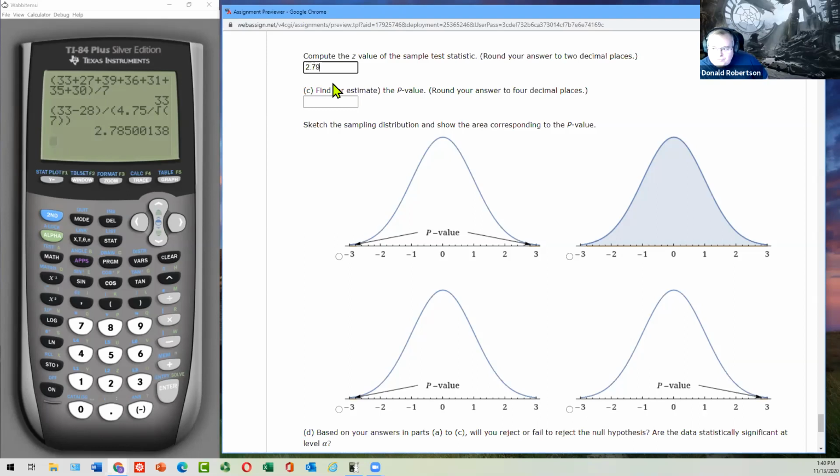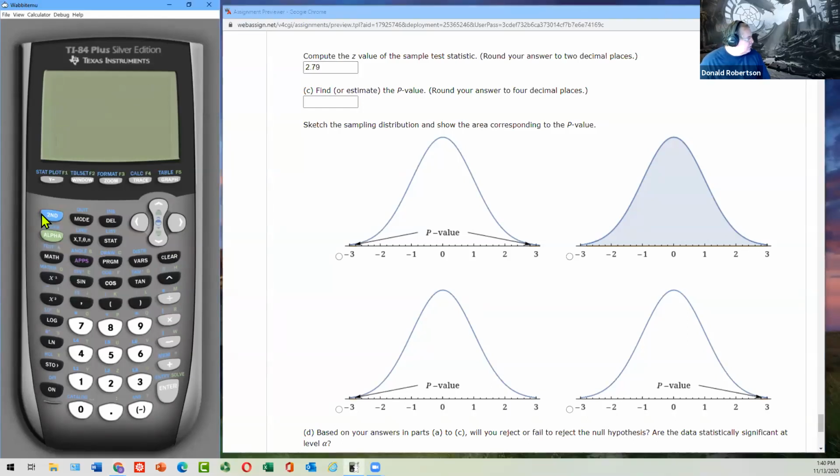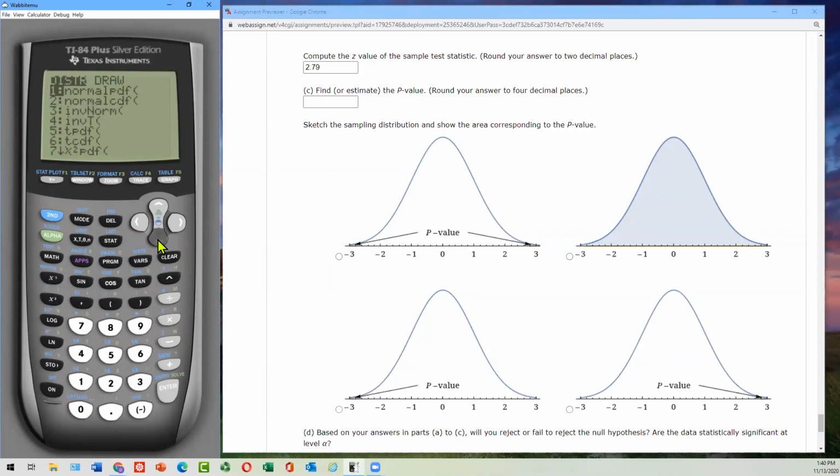But if you get a number that's pretty darn close to 3, you've got a very good chance that it's going to be significant. If you get a Z-score of 1.2, forget it. It ain't going to happen, right? Pretty sure of that. So let's get our p-value. We do second distribution, choice 2.